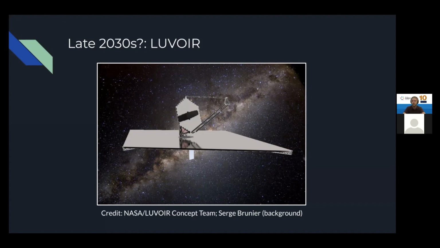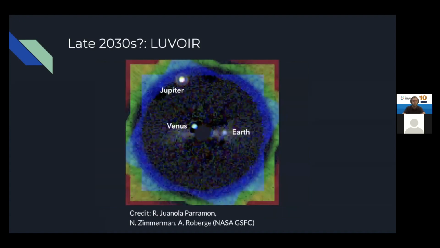And the way you would do this is with a method called direct imaging. Essentially, you can blot out the light from a star in order to look for planets nearby. So what I'm showing you here is an example of what kind of data LUVOIR might be able to collect.